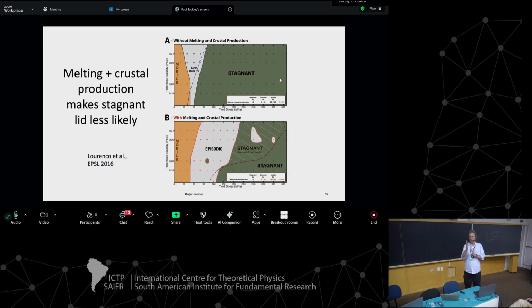Then at some point it reaches a critical amount at which the extra buoyancy of the lower mantle, because it's hotter, exceeds the resistance to flow, and then it overturns. As for the lithospheric overturn mechanism, the lithosphere tends to become thicker with time, and eventually the stress associated with its thickness exceeds the yield strength, and so it can go down.